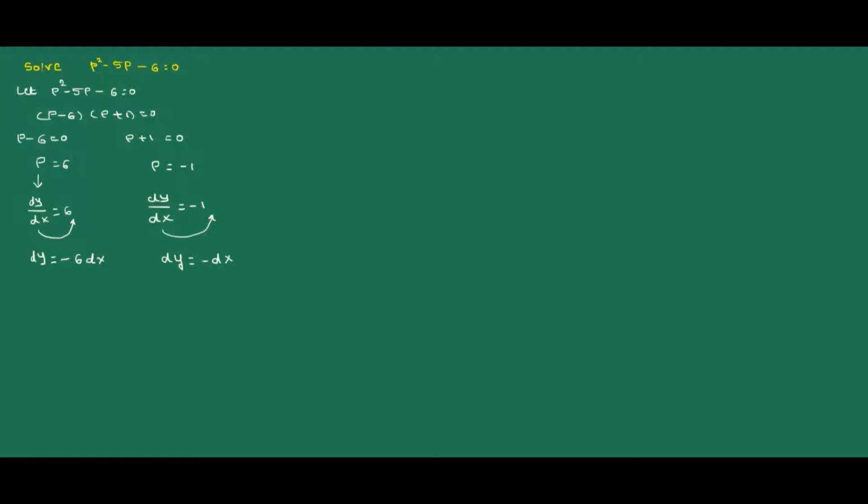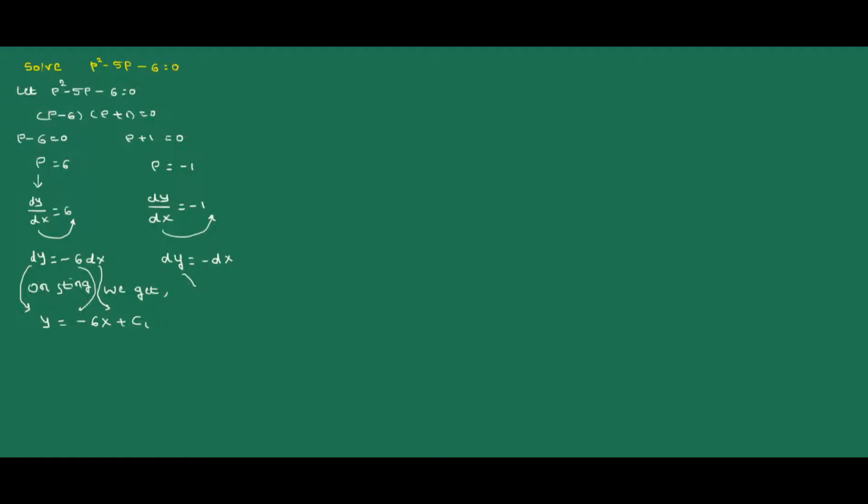On integrating, we get, what is the integration of dy? Integration of dy is y. Then 6 is a constant, as it is. What is the integration of dx? Integration of dx is x, and I will write the integrating constant c1. You can write minus c1 or plus c1 also.